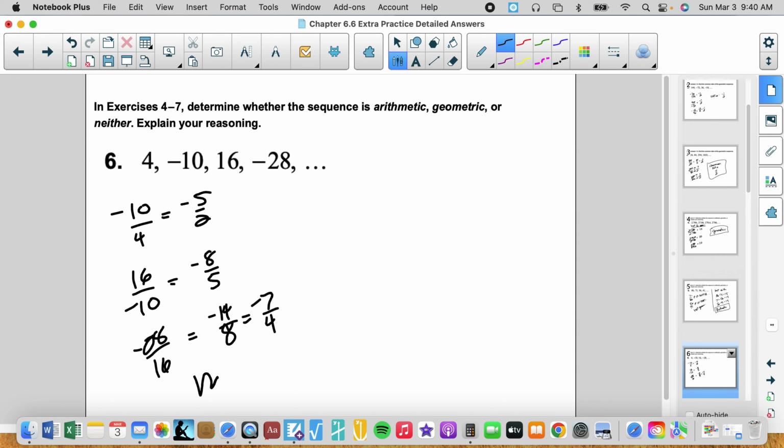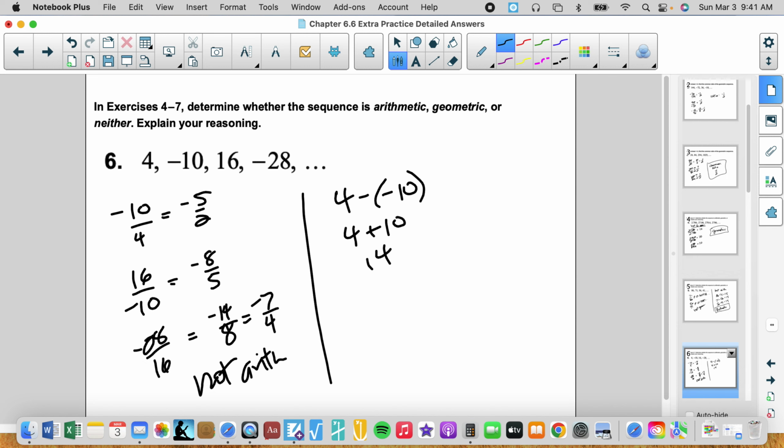So it's not geometric. Now for differences: 4 minus negative 10 is 4 plus 10, which is 14, so subtract 14 to get this one.